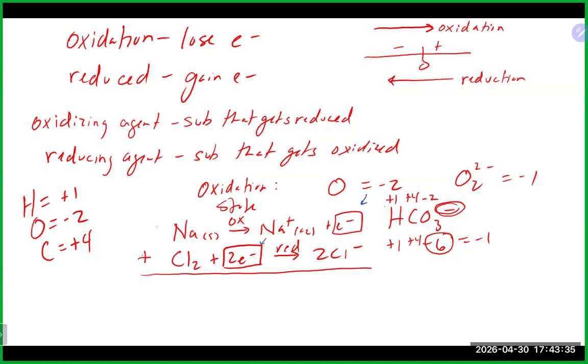So we do need to multiply the first half reaction by 2 all the way across. That way, when you add these reactions together, electrons should always completely cancel out. They shouldn't be left. And you'll be left with a balanced redox reaction here, plus some chlorine goes to 2 sodium chlorides in this particular case.